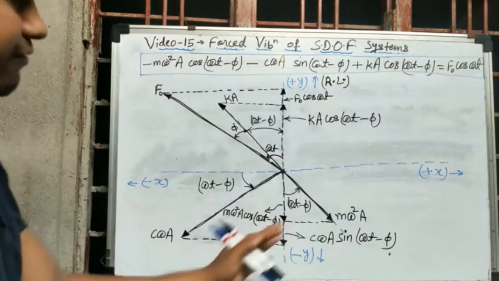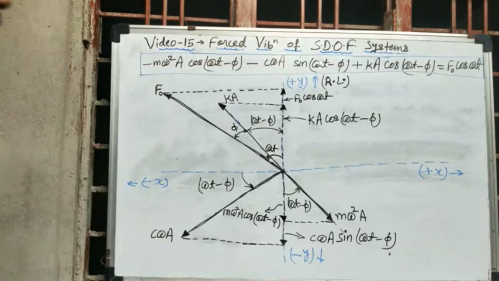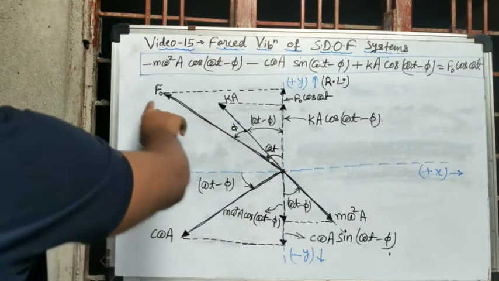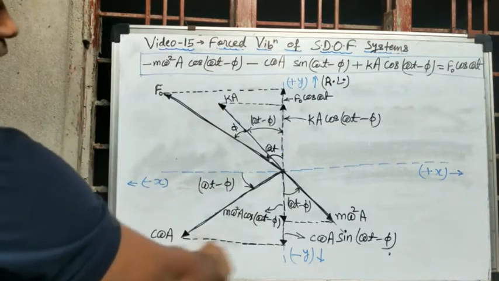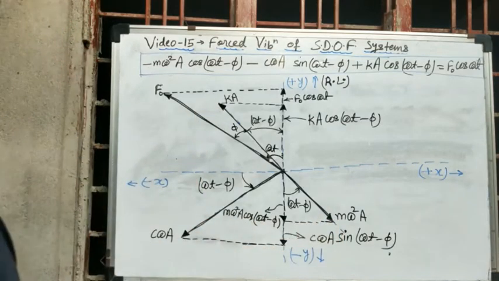Now out of this vector representation I am going to draw a vector polygon, right? We have all four forces f naught, ka, c omega a and m omega square a.